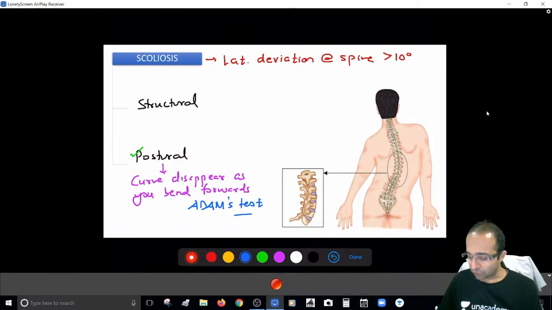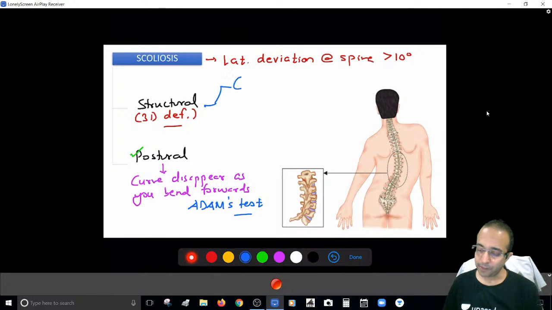Now structural scoliosis is actually a three-dimensional deformity. In the coronal plane, as I've just told you, there is lateral deviation. In the sagittal plane, you tend to have an increased lordosis of the spine.